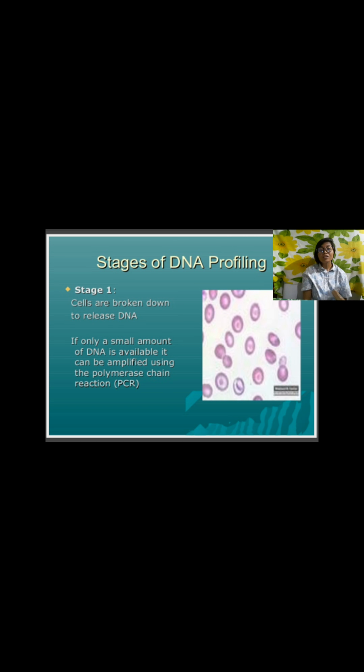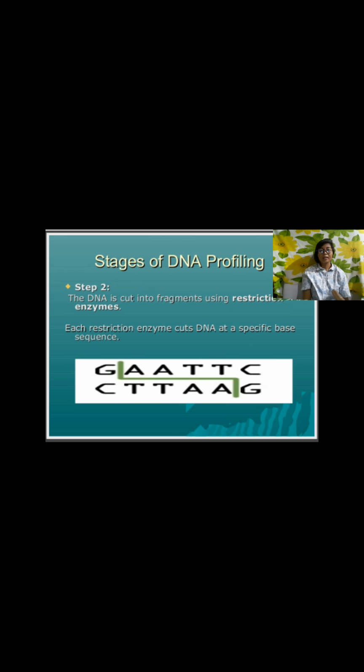So, the isolation of the DNA. DNA must be recovered from cell tissues of the body. Only a small amount of tissue like hair, blood, or skin is needed. And stage 2: the DNA is cut into fragments using restriction enzymes.